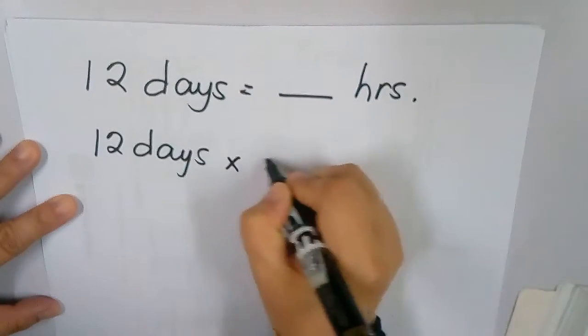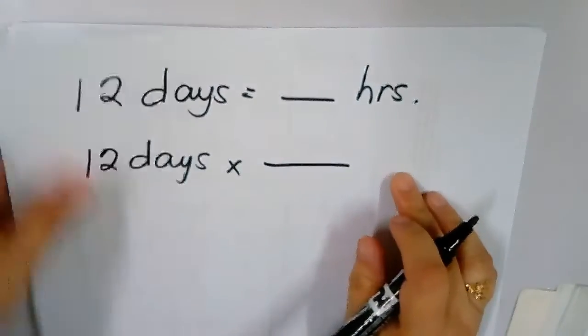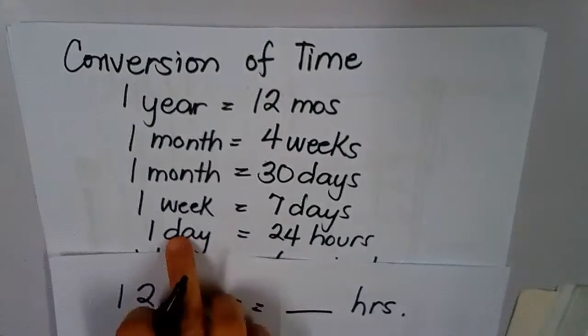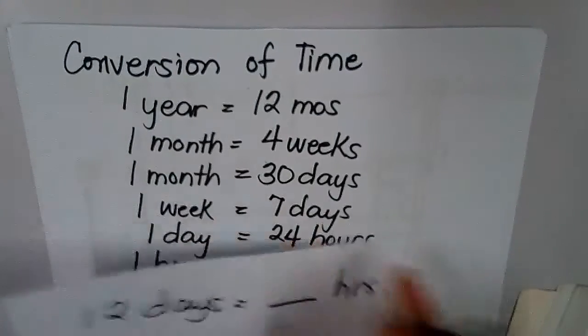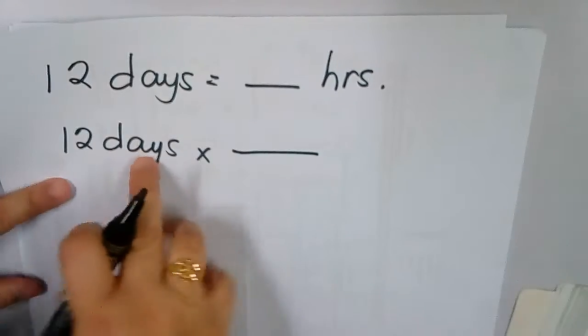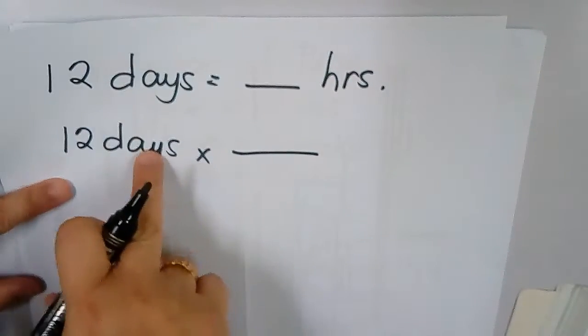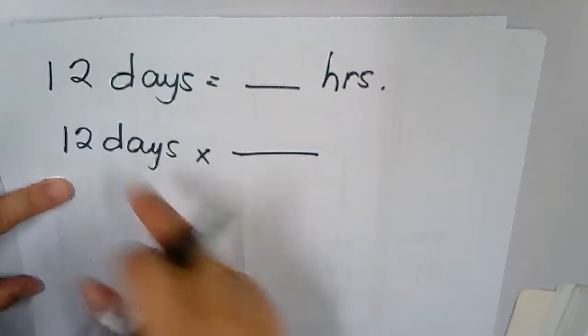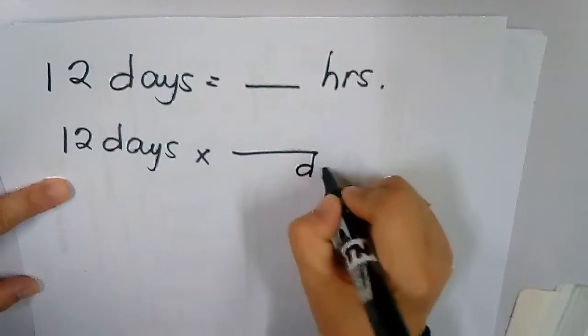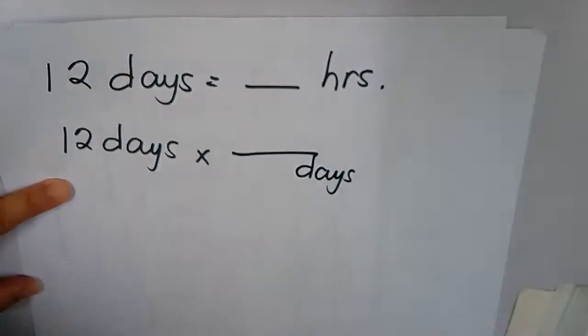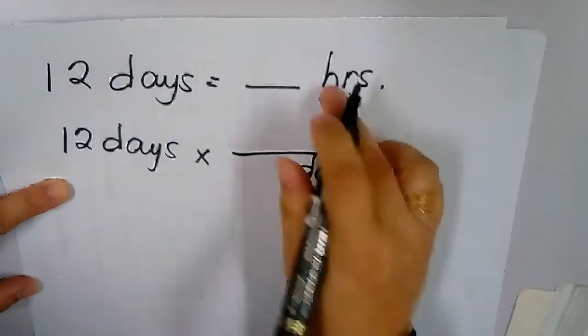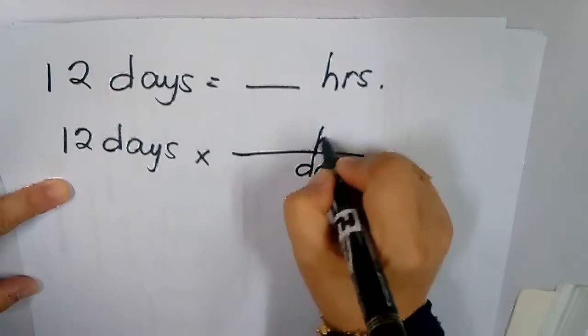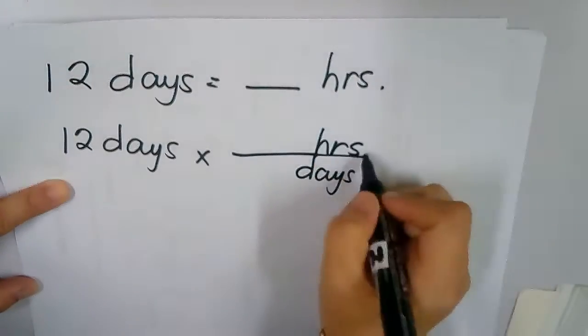Mayroon ba tayong days to hours? Tingnan nga natin. Okay, so meron tayong days to hours. So ano yung ilalagay natin ulit dito sa baba? Yun yung kapareho nito. So, days yung ilalagay natin. At yung isang hinahanap dito na sa taas, which is hours.